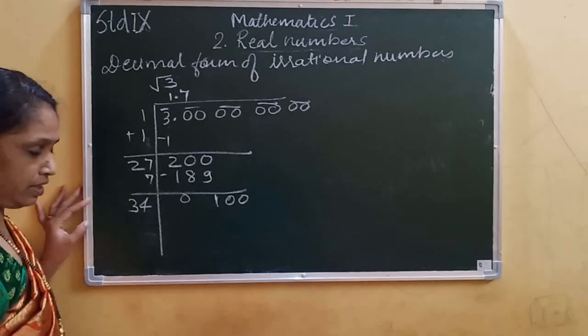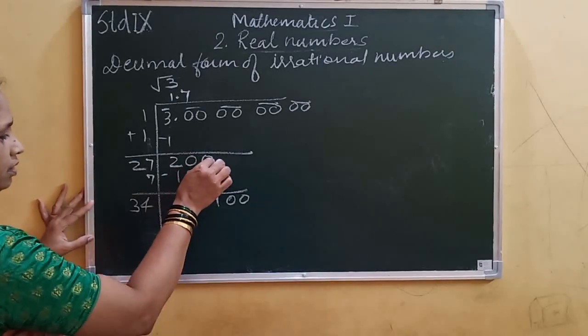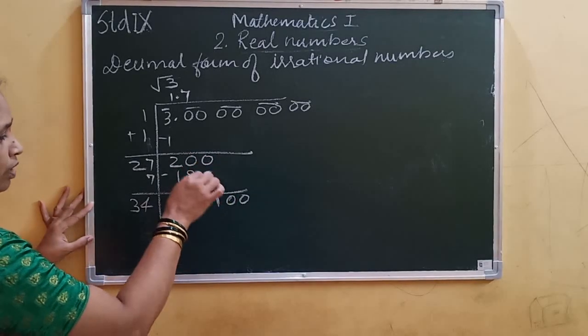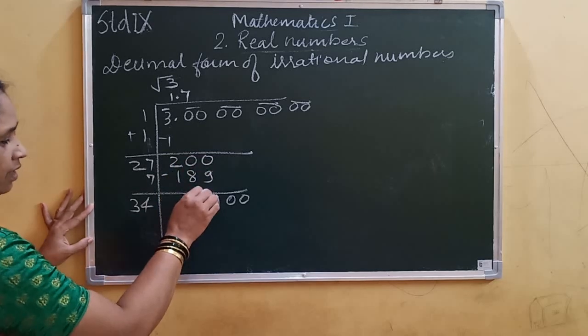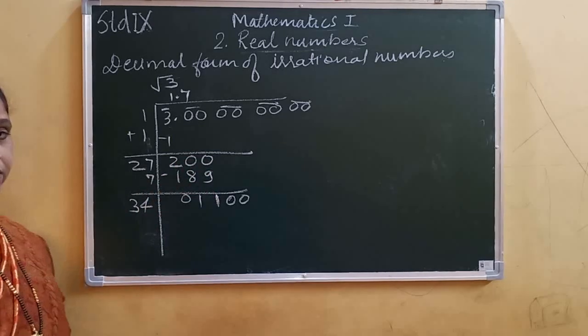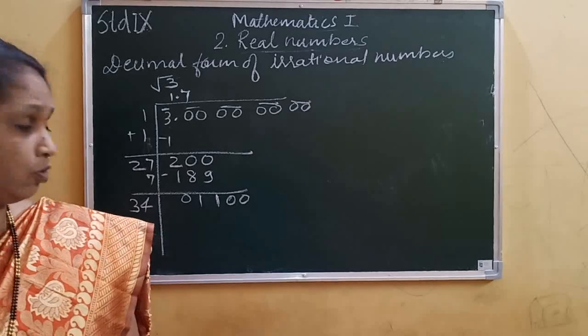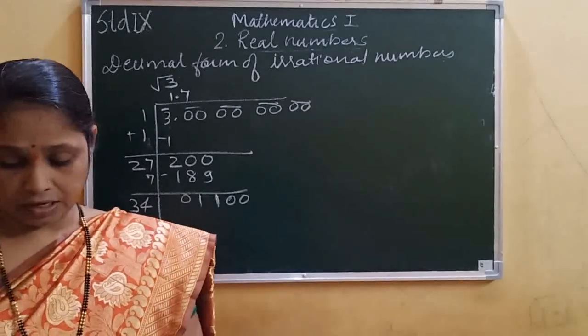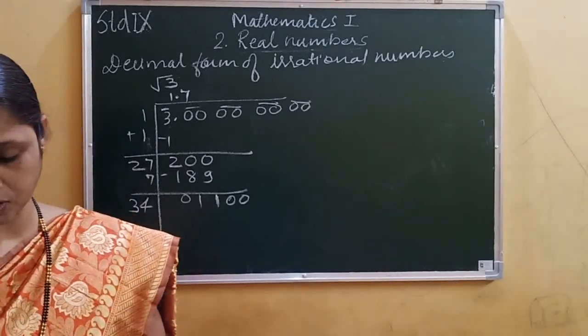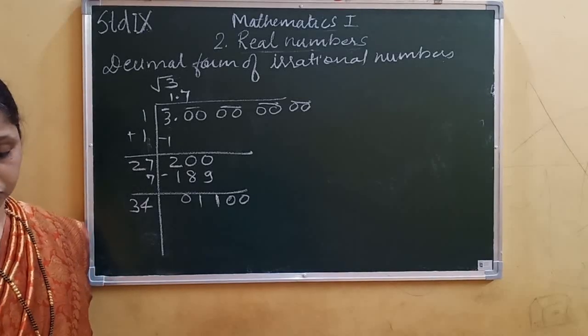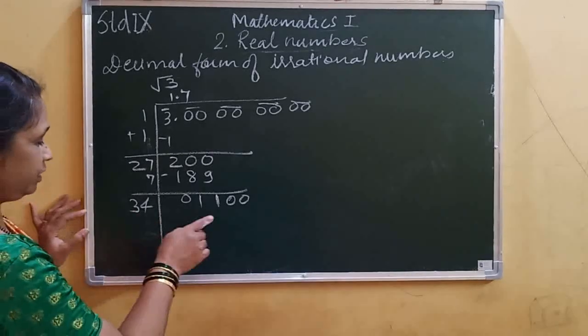Here 10 minus 9 is 1, and 9 minus 8 is again 1. 1 minus 1 is 0. Okay. Now this is 1100. Now next, you have to select the number.